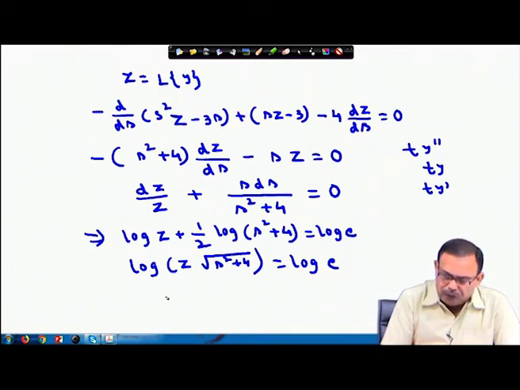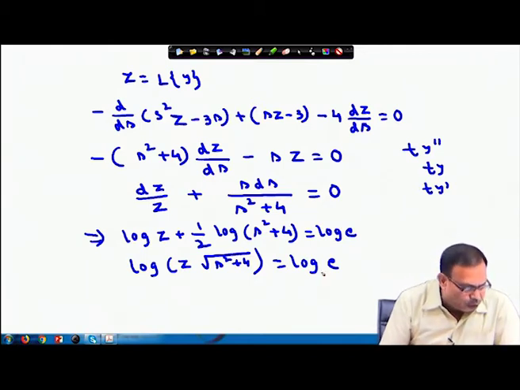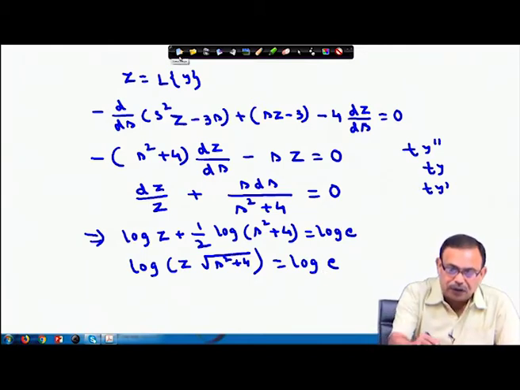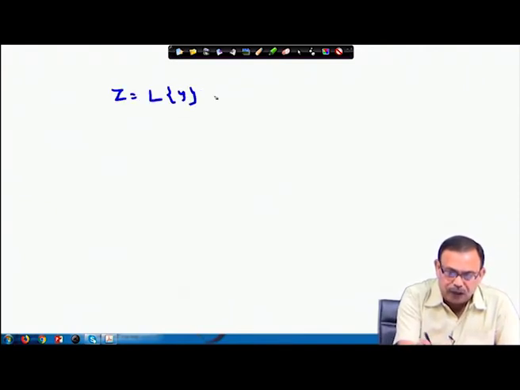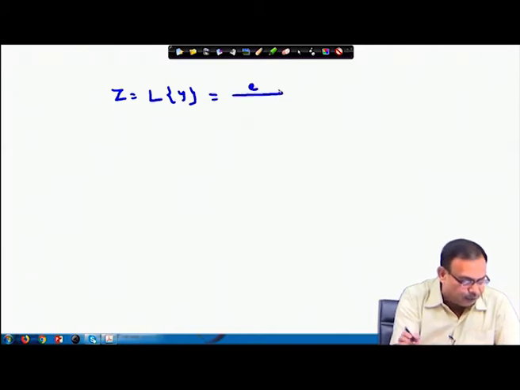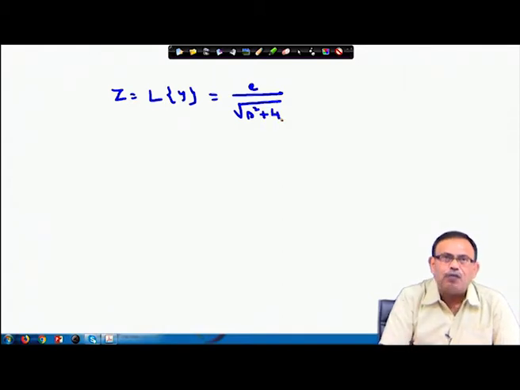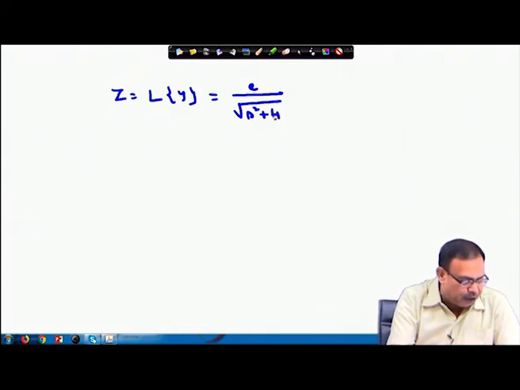I am obtaining this equation, so that z, which is the Laplace transform of y, equals root over c by s square plus 4. So z equals the Laplace transform of y, which equals c by s square plus 4. So that y equals the constant c into the Laplace inverse of 1 by s square plus 4.